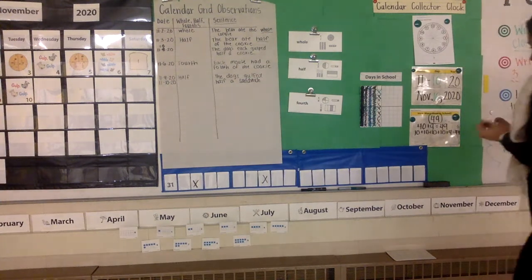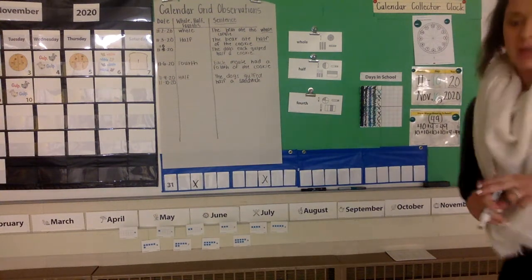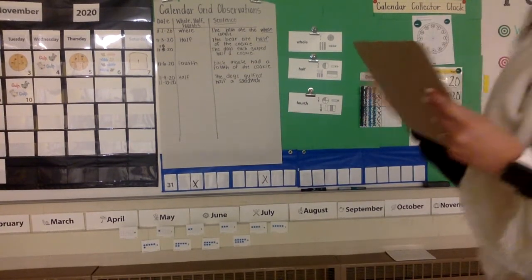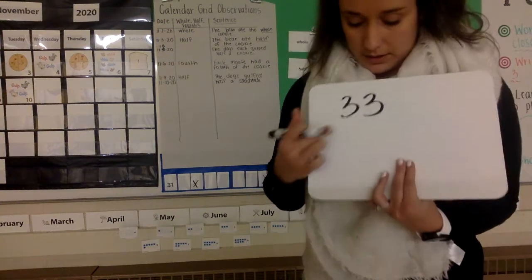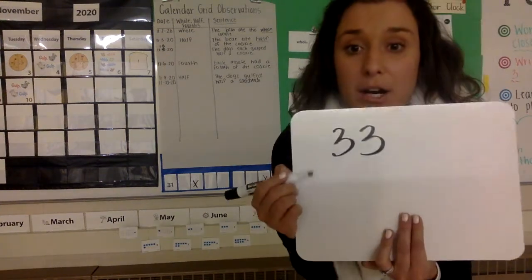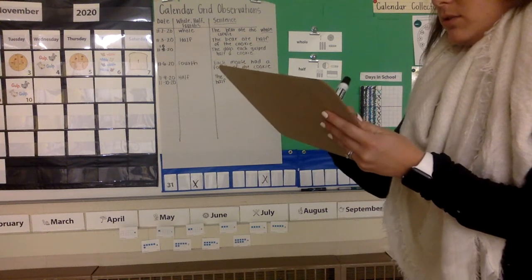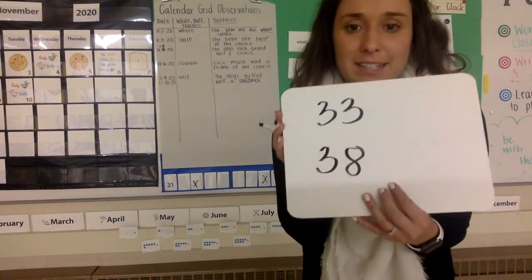So I'm going to write that down on my board so you can see that. So we said 33 at first. My number is bigger than 33. And then Mr. Owen told us 38.